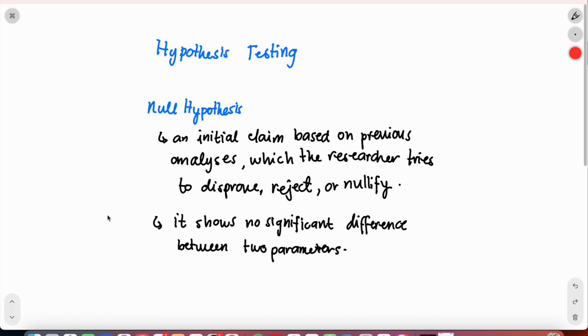During hypothesis testing, we want to reject the null hypothesis. As always, our aim is to reject the null hypothesis. In other words, the null hypothesis shows no significant difference between two parameters. I'll elaborate it more with an example later.